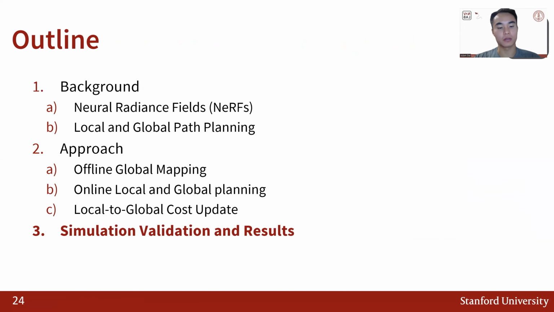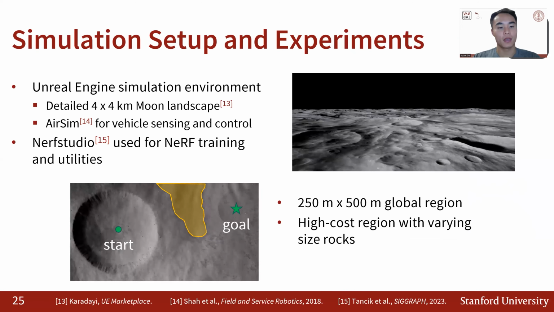All right, so now I will go into our simulation environment as well as our planning setup and the results. So we use Unreal Engine and AirSim, a combination of these two, in order to have a very high fidelity simulation.